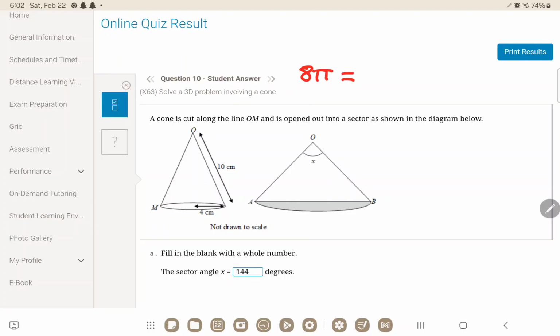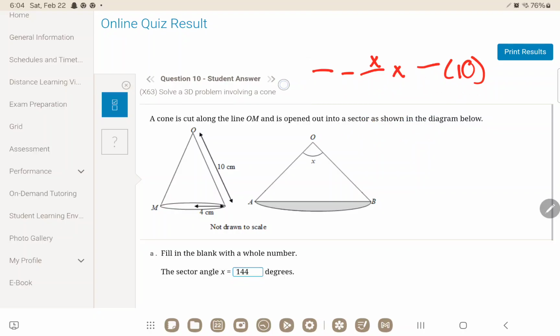So 8 pi equals the sector angle over 360 times the side, times 2 pi r, because we need the new circumference, and the r is 10 here. Once you put all this into your calculator, we're gonna get x equals 144, of course.